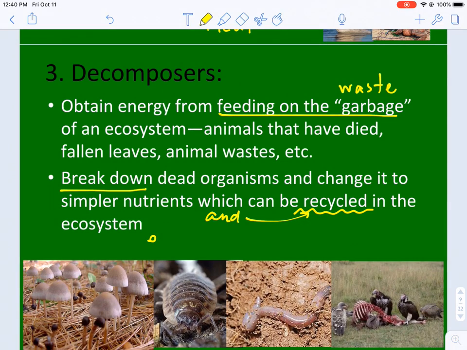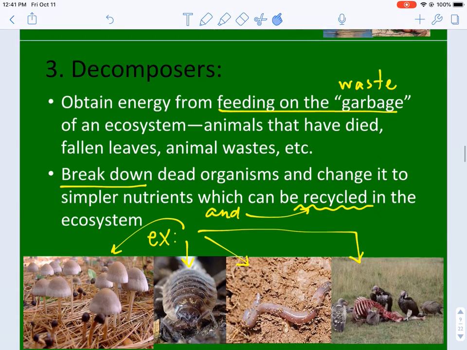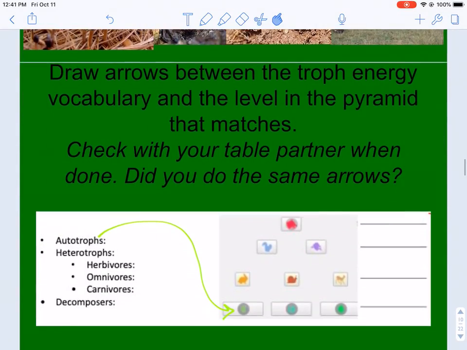Now, if you think about examples, mushroom and fungi, many insects like potato or pill bugs, worms, but also other scavengers like these vultures can be thought of as decomposers, feeding on the garbage or waste. Pause as you need to write down and think about those different vocabulary words.